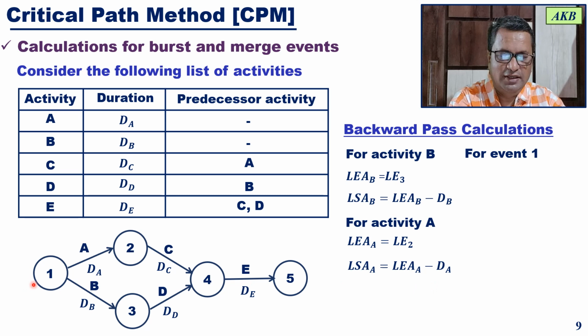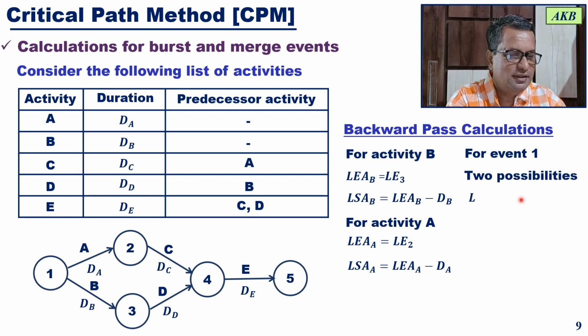And finally for event 1, what should be the latest event time? That is the question, because you have two options. You can get the latest event time from activity A, or you can get it from activity B. Which one to select?